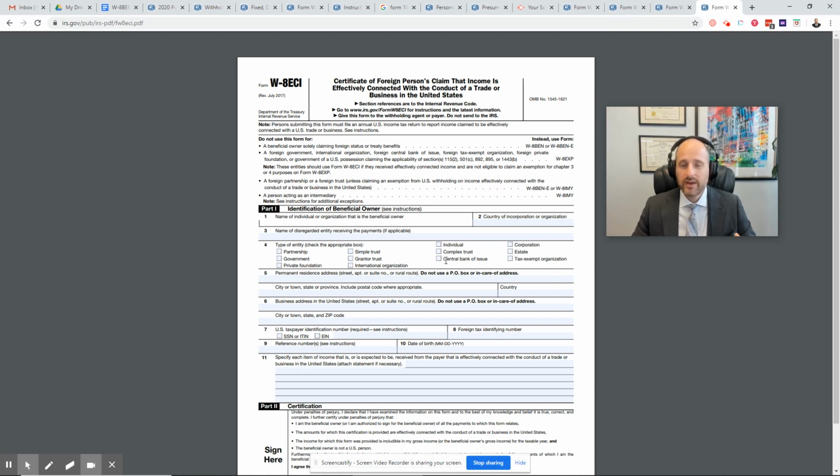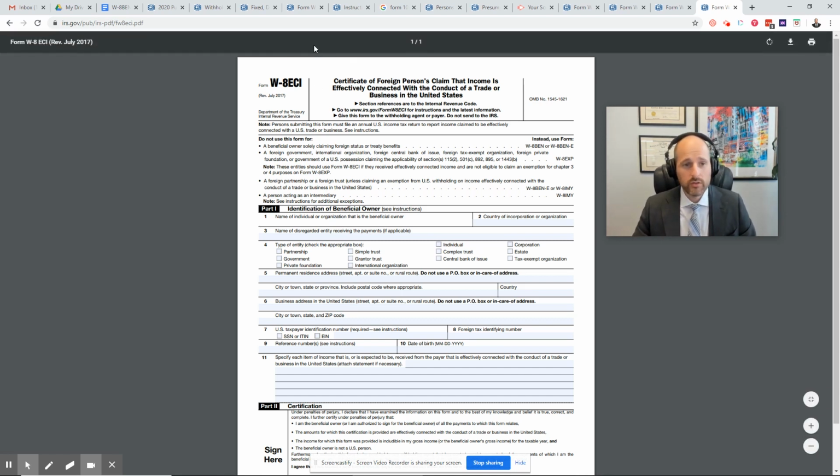I think that's a good example of withholdable pay and the purpose of these forms. These are just internal forms to keep U.S. companies off the hook for withholding taxes that may or may not be required.